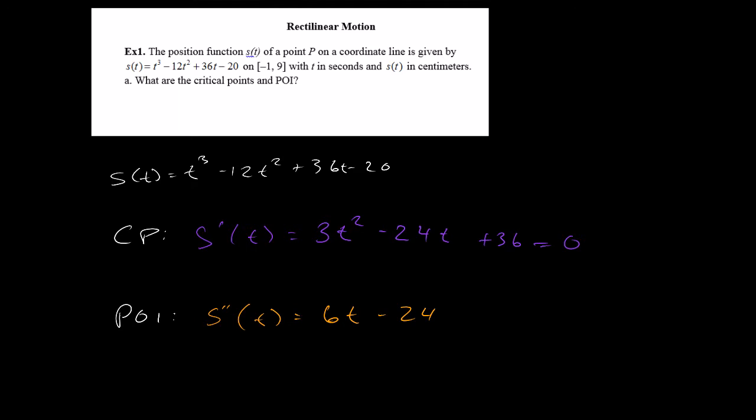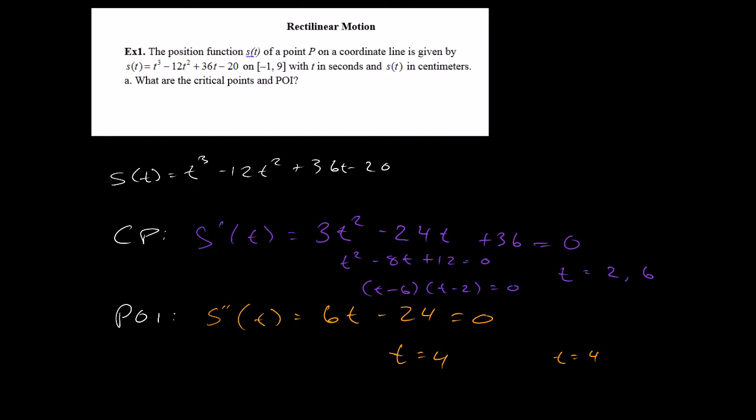We notice that we can take a 3 out of each of the terms, so that gives us t squared minus 8t plus 12 equals 0. We factor that, we're going to get negative 6 and negative 2. So t is going to be equal to 2 and 6. Similarly down here, if we set this equal to 0, we're going to get t is equal to 4. So those are our critical numbers.